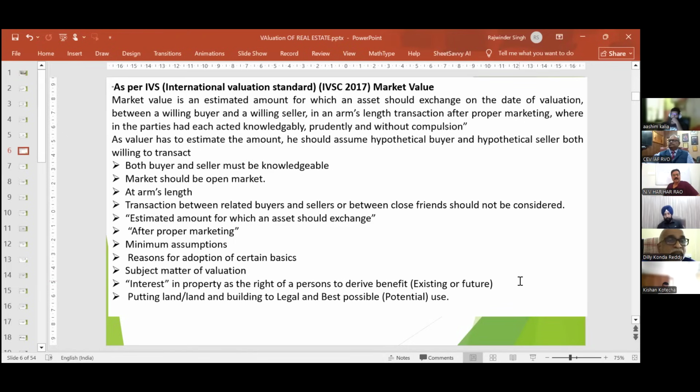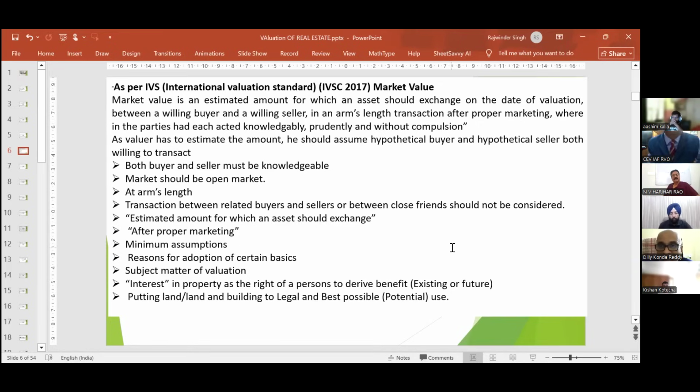As far as valuation standards are concerned, in India so far no valuation standard has been given by the government, and IBBI, of which you have to give the examination, which is the registering body, has allowed you to use international valuation standards, IVS. So from there we have taken this definition of market value.